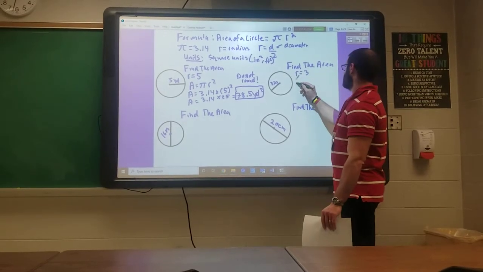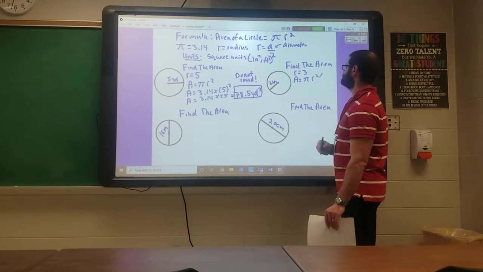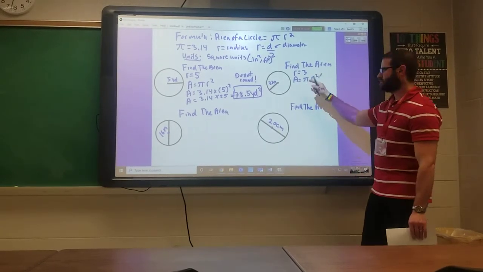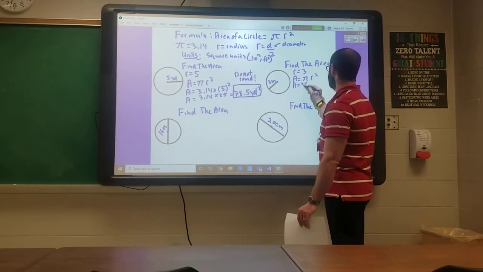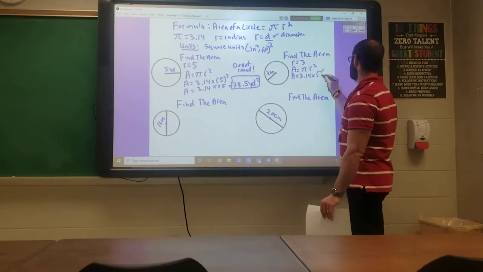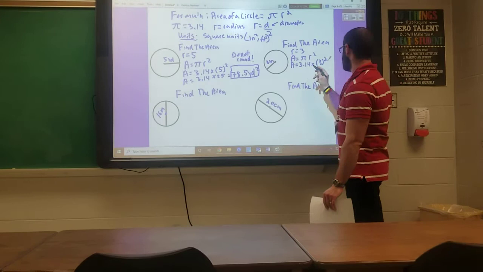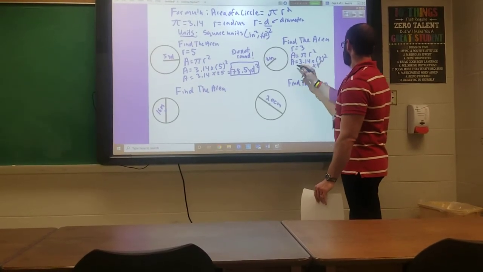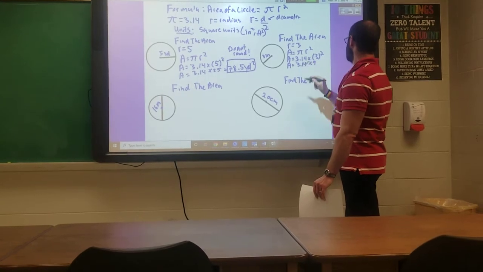Can we go back to area equals pi times the radius squared? Pi, that's always 3.14 for our calculations. So 3.14 times radius, so that's 3 squared. Remember, do that first. 3 squared is what? 9. So times 9. So area equals 3.14 times 9.